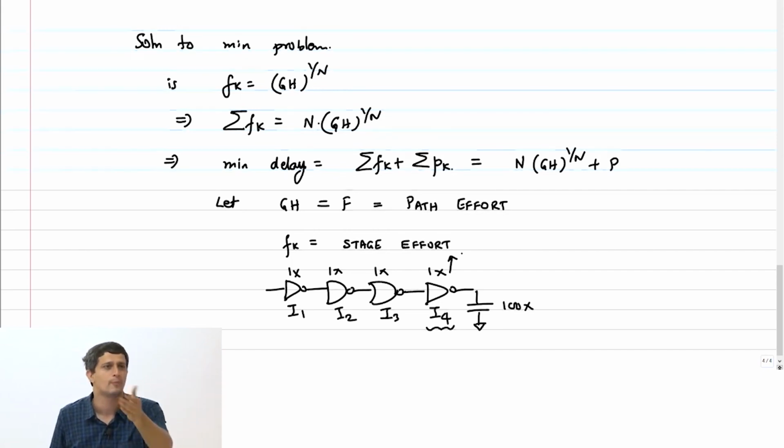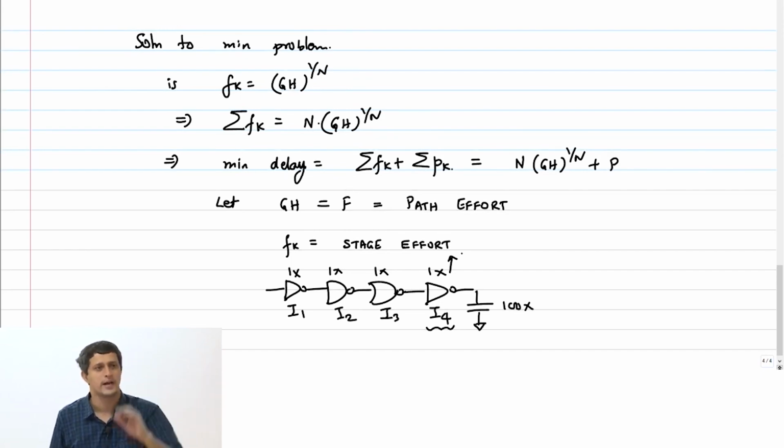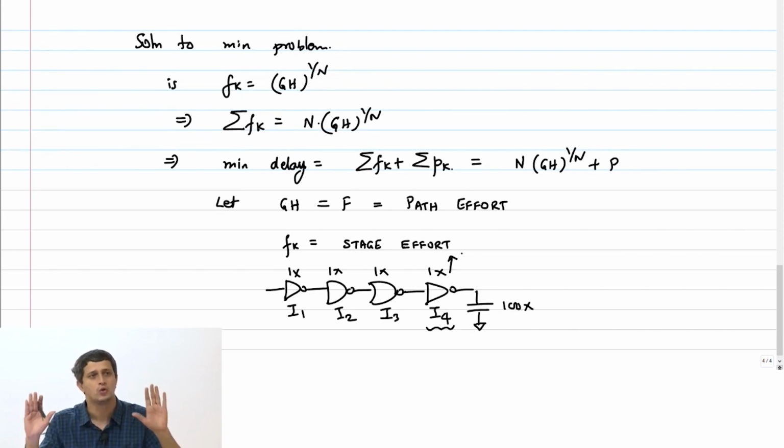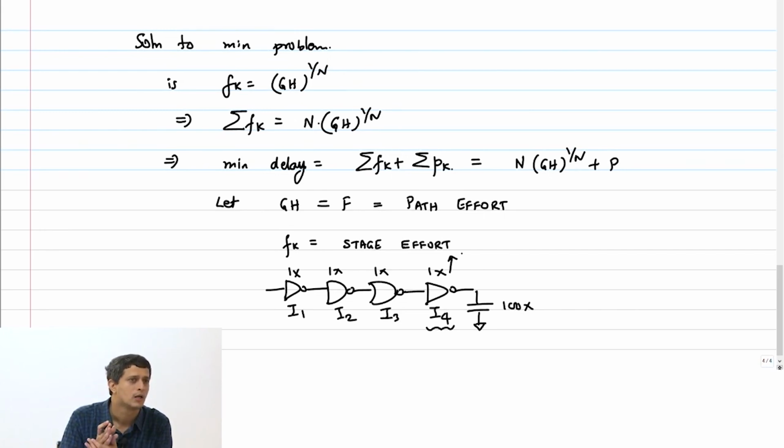They are charging unit capacitances of whatever gate they see. The idea is to split this effort across all the gates uniformly. The result is telling us that the stage effort, which is the product of the logical effort and electrical effort, should be the same for all the gates. Then your delay will be minimum.